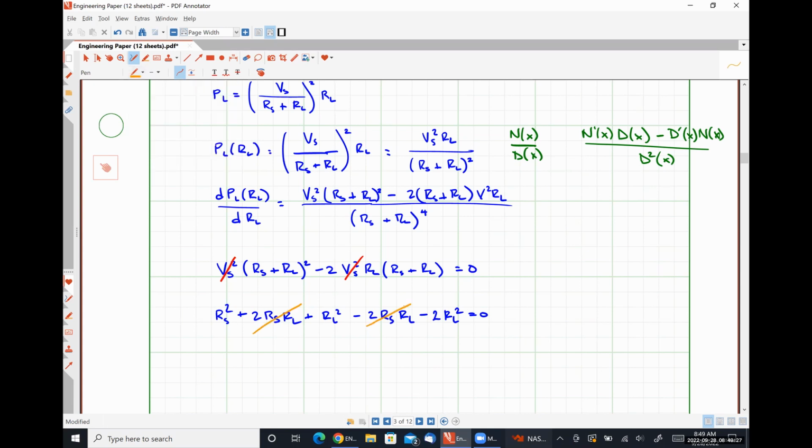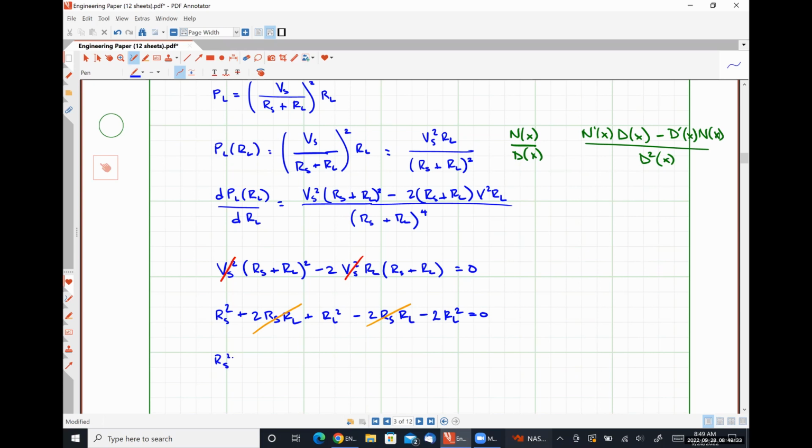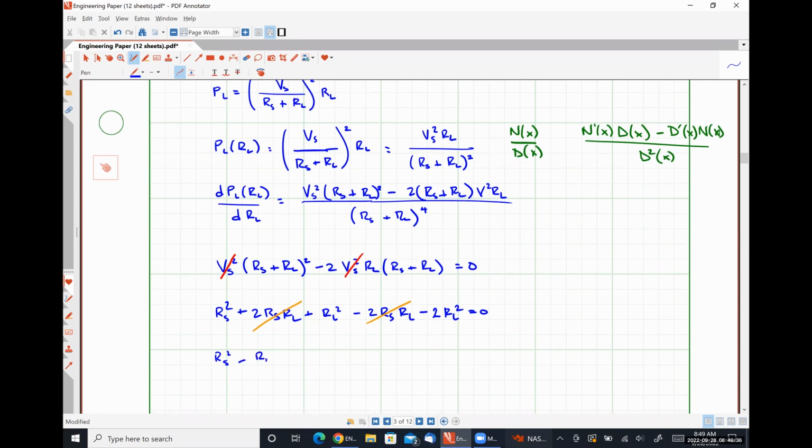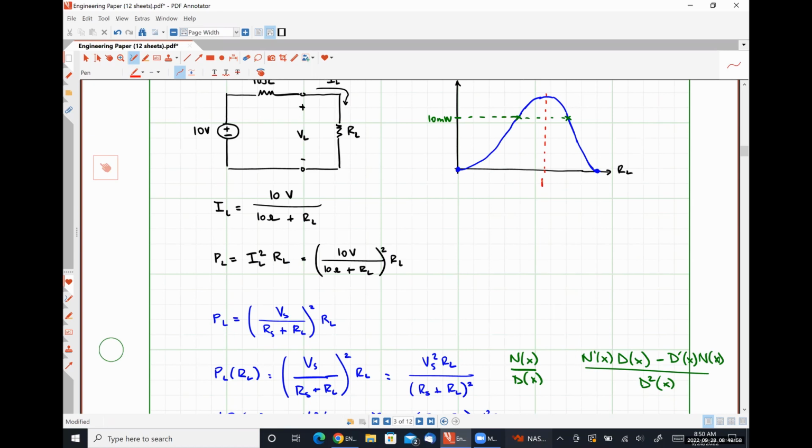This bit and this bit cancel each other out, leaving us with Rs squared minus RL squared is equal to 0. So what's our solution? When RL exactly equals Rs, we have maximum power transfer. This particular value, when RL is exactly equal to Rs, is what forces maximum power transfer to occur.